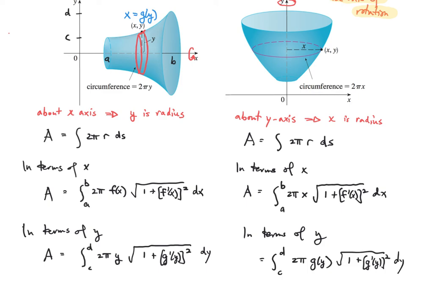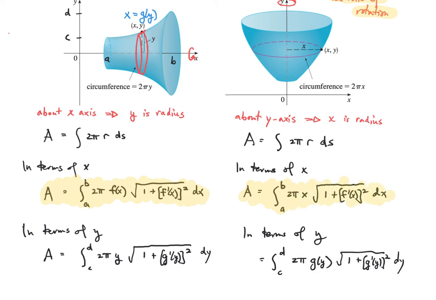Okay. So really, we have kind of four different formulas corresponding to the four different cases that we have. In terms of x, we have two formulas. We have the one about the x-axis, and we have the one about the y-axis.